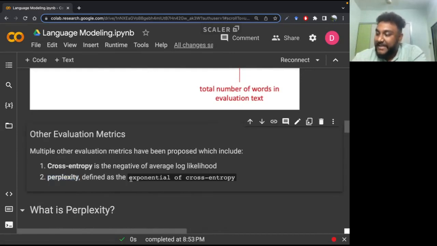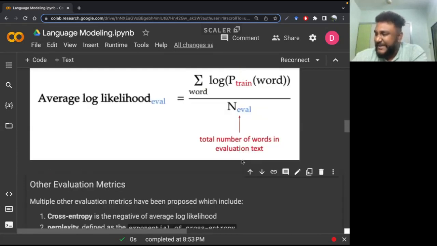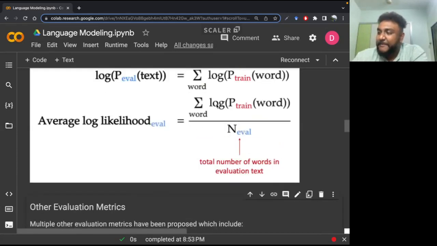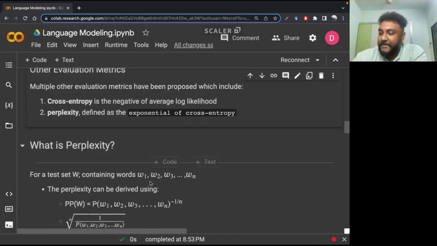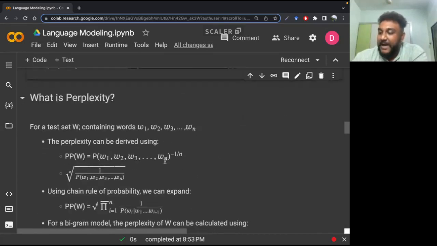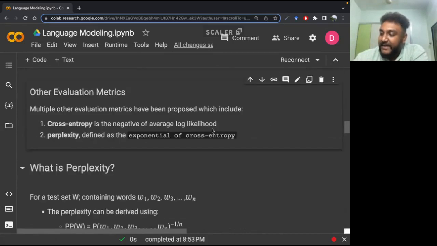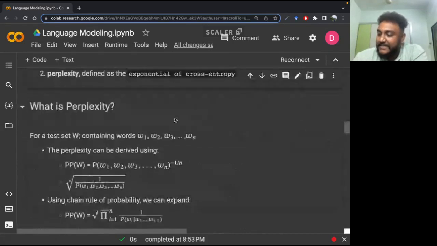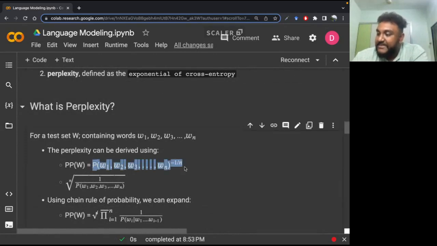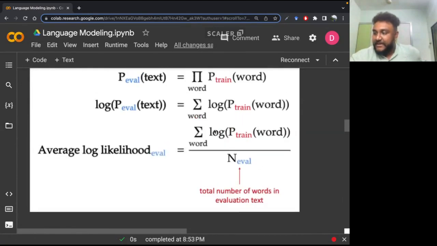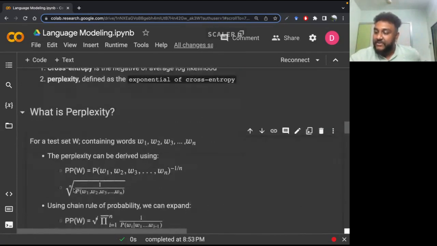This is nothing but the exponential of your cross entropy. So if I take this term and I calculate e to the power of each of these terms, that is going to become my perplexity. Another way of looking at the same thing is you can define perplexity to be this formula. If we apply e to the power something over here, it will simplify to this format.